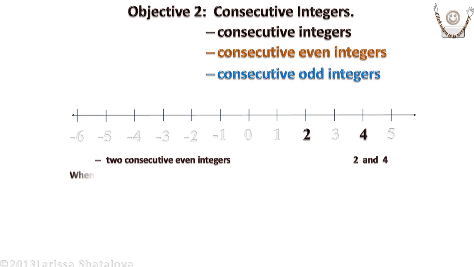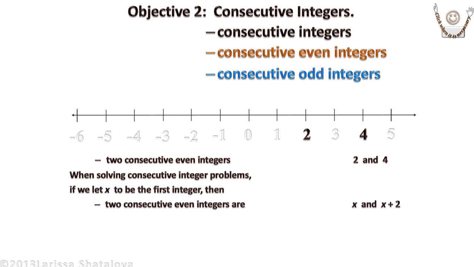If we let x be the first integer, then the second number would be x + 2, because the difference between two consecutive even integers is just 2 units.